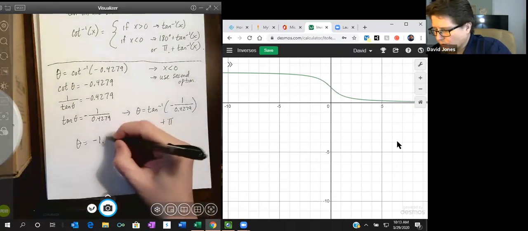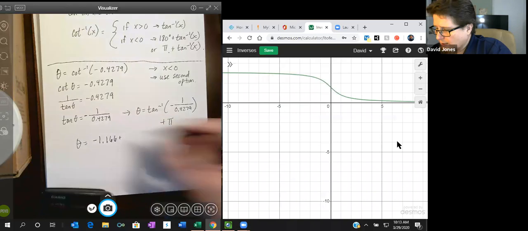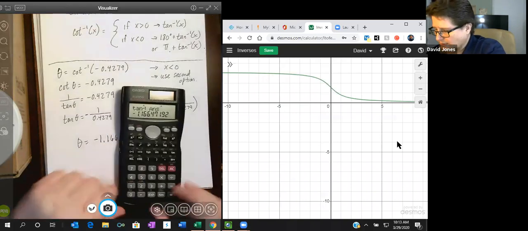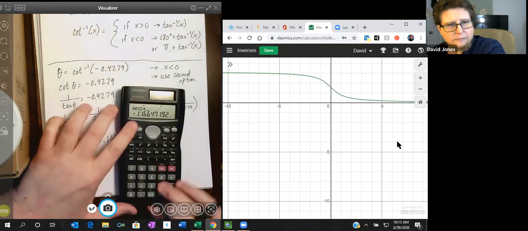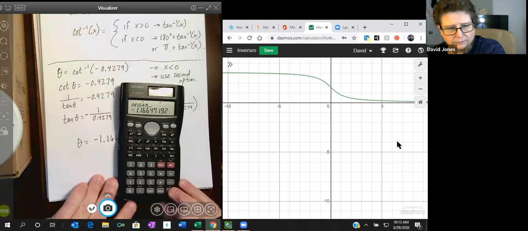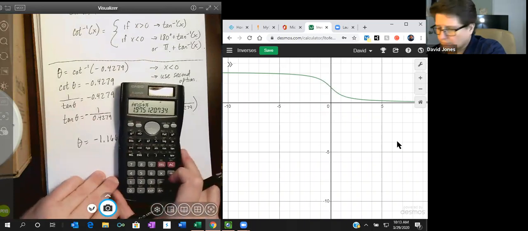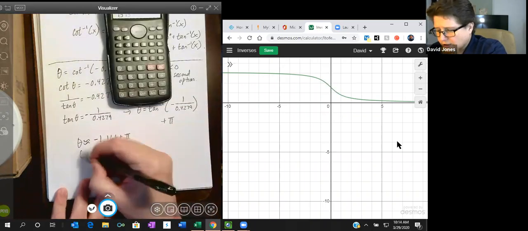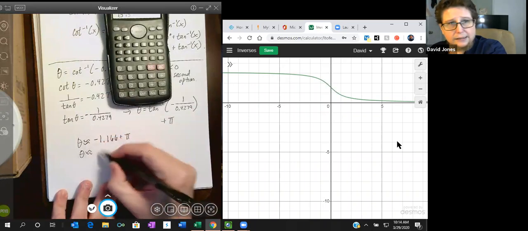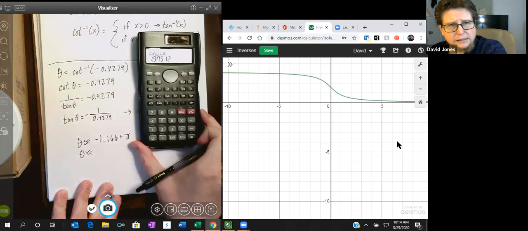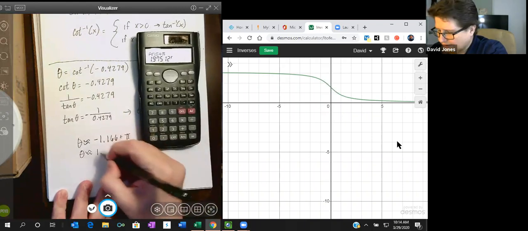Negative 1.166 plus pi. So theta is approximately 1.975.